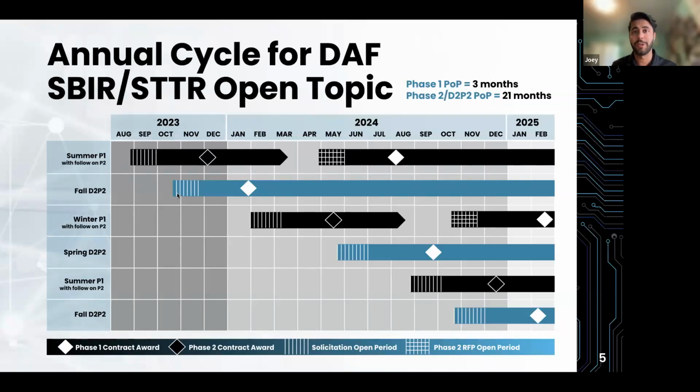The official solicitation will be released on October 24th and will be due November 22nd. So we have a little bit over a month right now to get all the pieces pulled together for this. If you're looking at the next solicitation drop, it will be in the May-June timeframe of next year for direct to phase two, and the next phase one cycle will be here in February-March timeframe for next year.